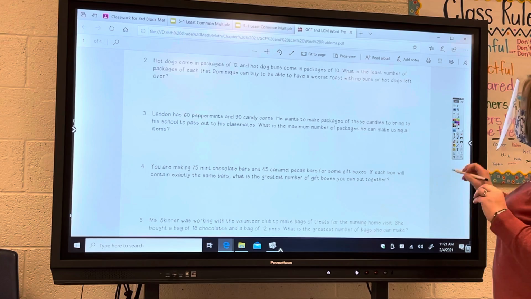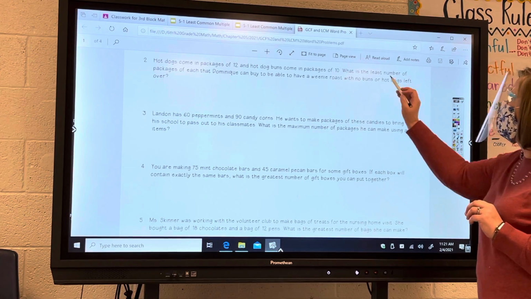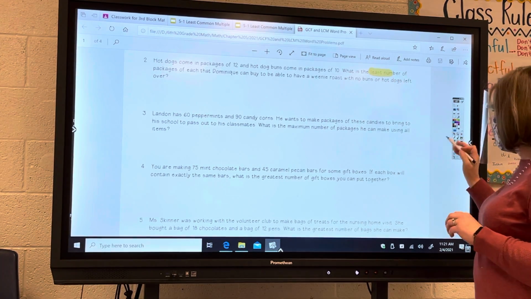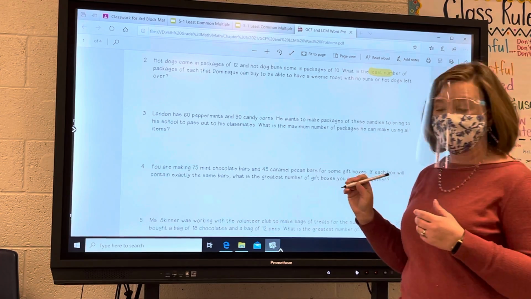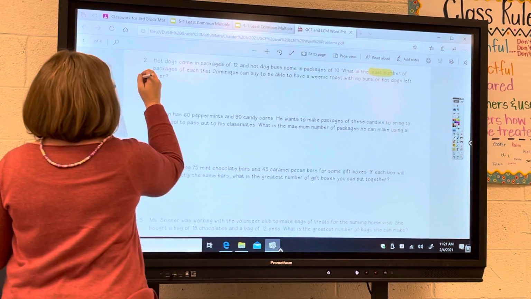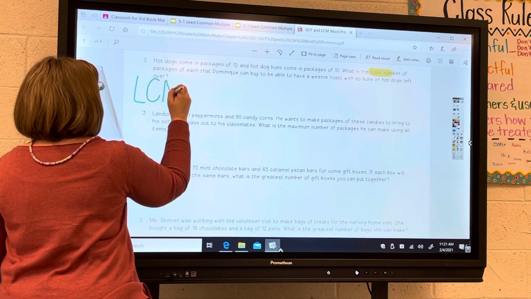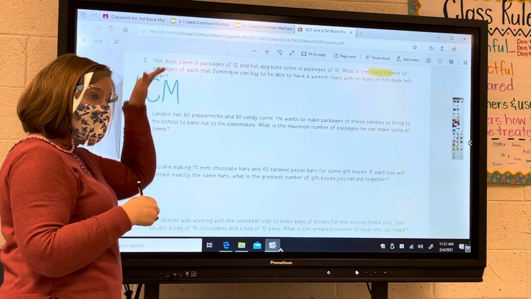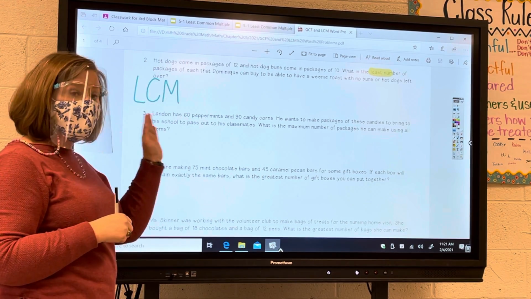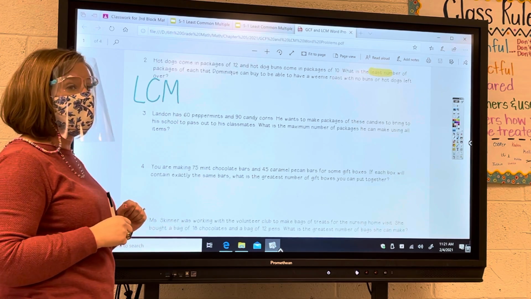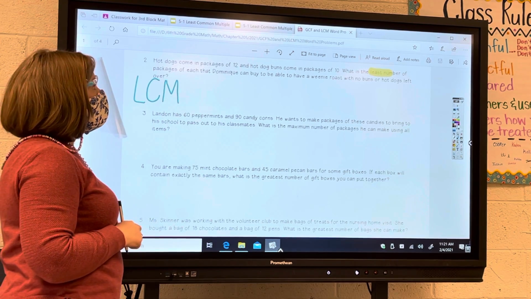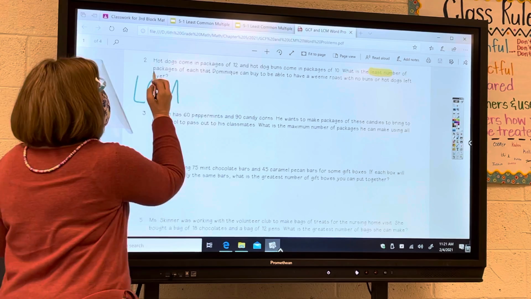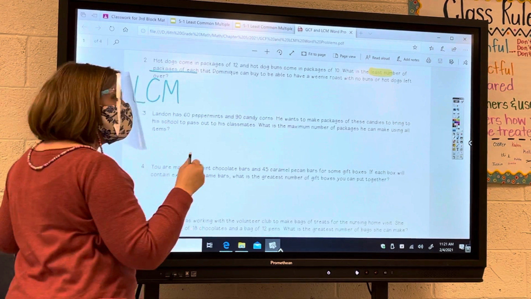So, what's our key word here? Least. And so what are we looking for? The least common multiple. So over here on the left, at your open spot, I want you to write least common multiple. That's what you're looking for. Now, it wants to know the number of packages of each.